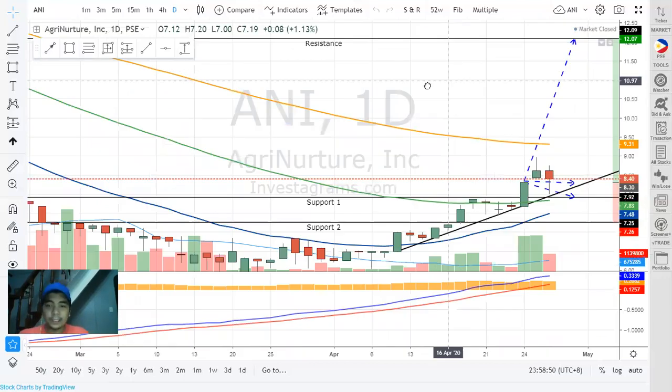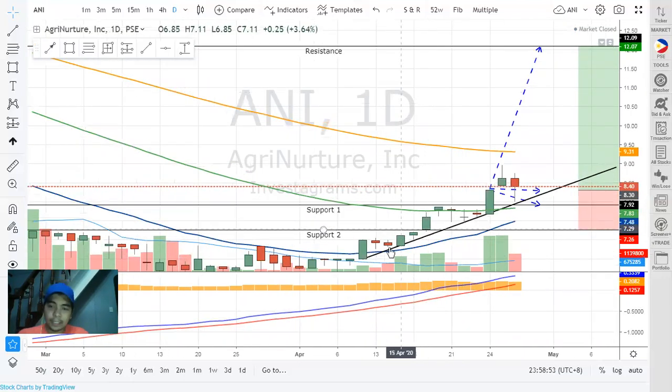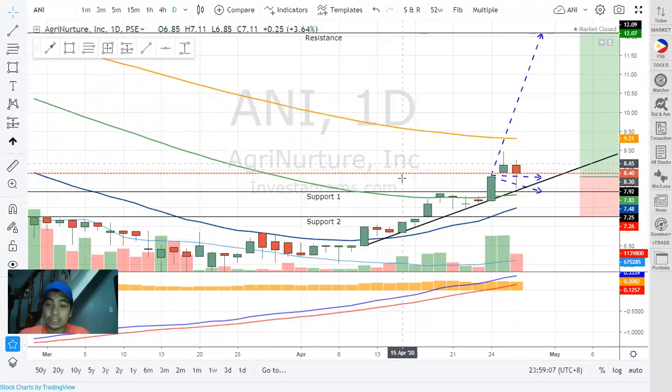For ANI here, we have an ascending trend, a diagonal support line. That's also what I use when I say that the breakout is supported by the volume. That's one of the things that I usually consider during a breakout.